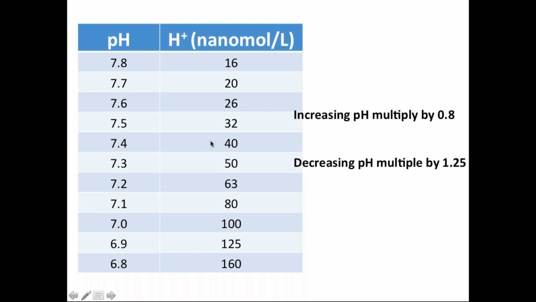And the reverse is when your pH is going up. The H plus concentration will go down, and you can multiply the previous H plus concentration by 0.8. So 40 times 0.8 will be 32, 32 times 0.8 will be 26, 26 times 0.8 will be 20, 20 times 0.8 is 16. So with each step, you can calculate the pH as well as what the H plus concentration will be for that particular pH.